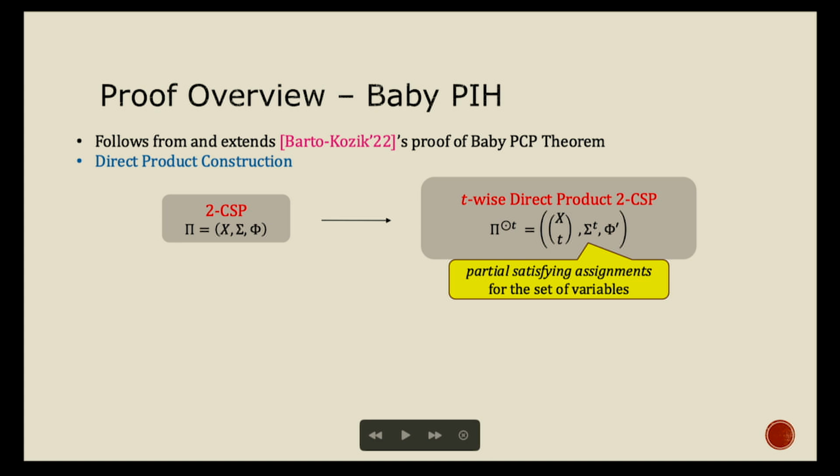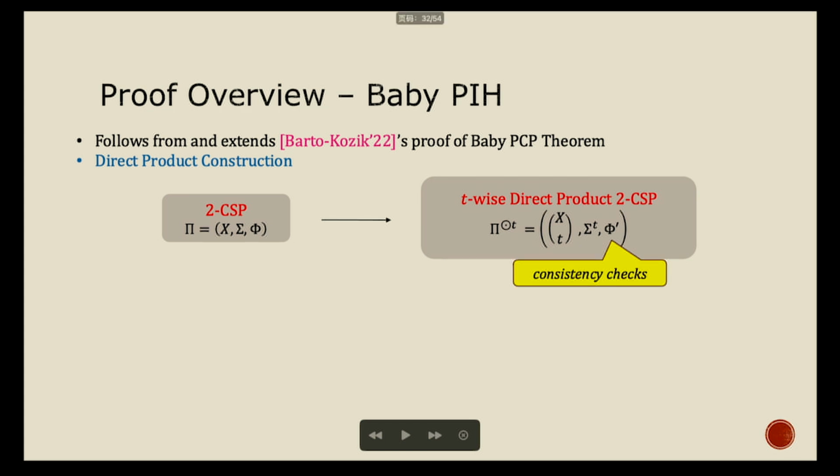So now the variable set is the set of all t-sized subsets of X. And the alphabet is sigma to the t, which is all the partial satisfying assignments for that set of t variables. By partial satisfying assignment, I mean the assignments on those t variables which satisfy all the induced constraints.